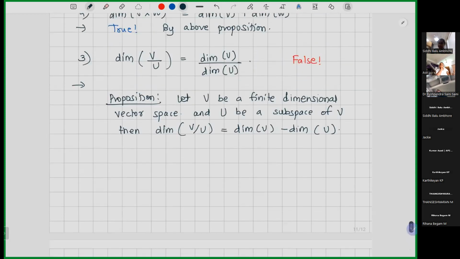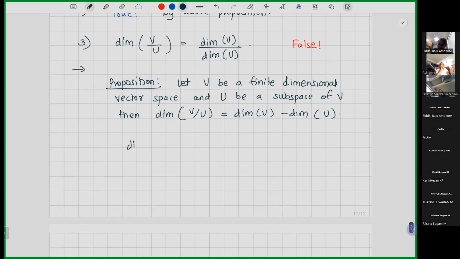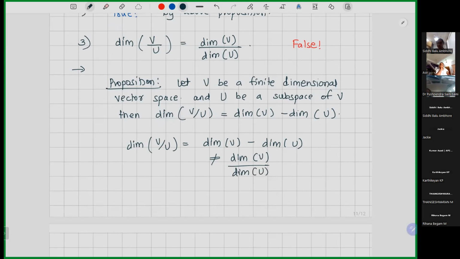Using that, we can directly say that the dimension of V by U is dimension of V minus dimension of U, which is clearly not equal to dimension of V by dimension of U. Okay, so this statement is false.